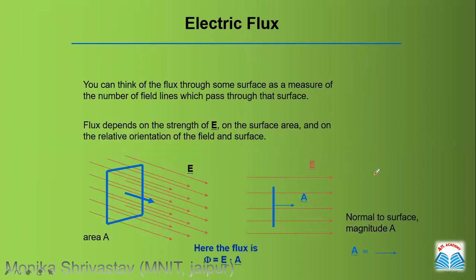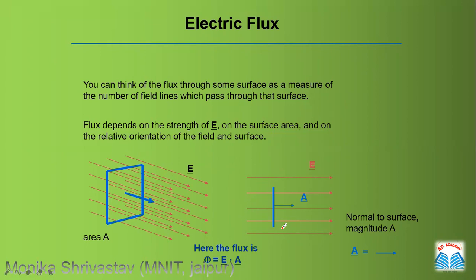Now, if I change the position of that frame, then we can get the flux in different ways. If the plane is like this, we get phi equals E dot A. If the plane is normal to the surface, meaning perpendicular to the surface, the area is the same, the loop is the same, but we will get a different answer for flux. Why? Because we are just changing the position.